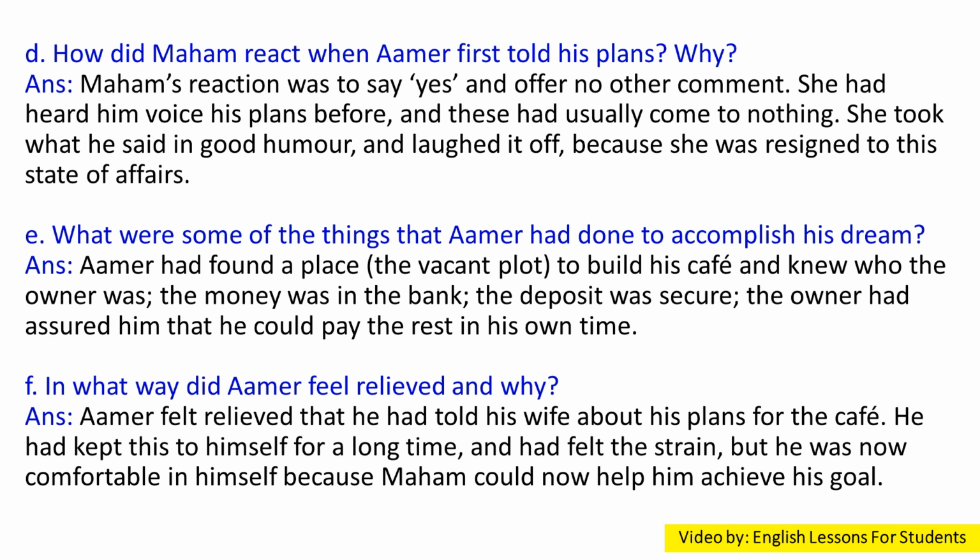F. In what way did Aamer feel relieved and why? Answer. Aamer felt relieved that he had told his wife about his plans for the cafe. He had kept this to himself for a long time and had felt the strain, but he was now comfortable in himself because Maham could now help him achieve his goal.